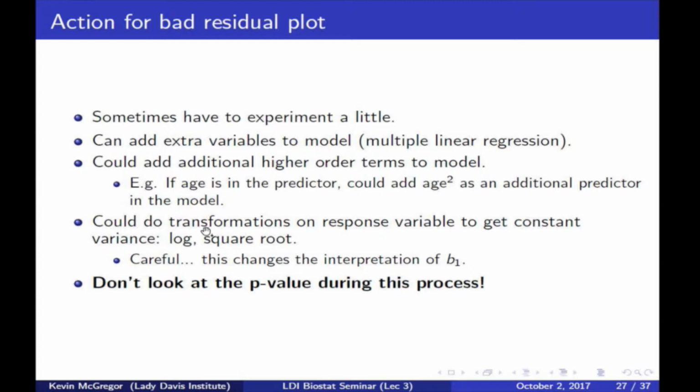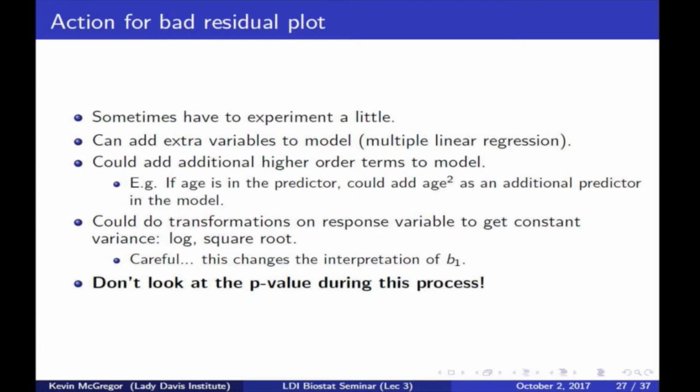However, you do have to be careful, as this changes the interpretation of your B1 parameter. If you take the log, then the interpretation of B1, instead of being additive, is going to be multiplicative. Every time you increase x by 1 unit, you multiply your y variable by a certain constant.